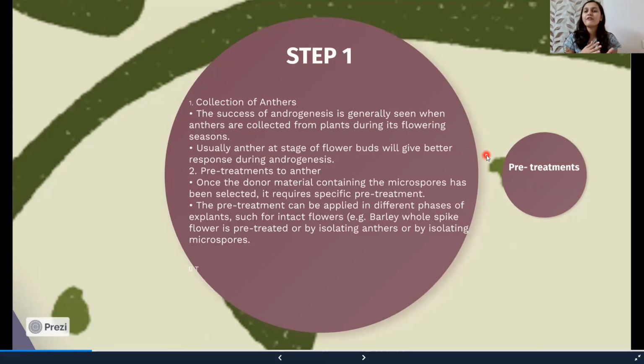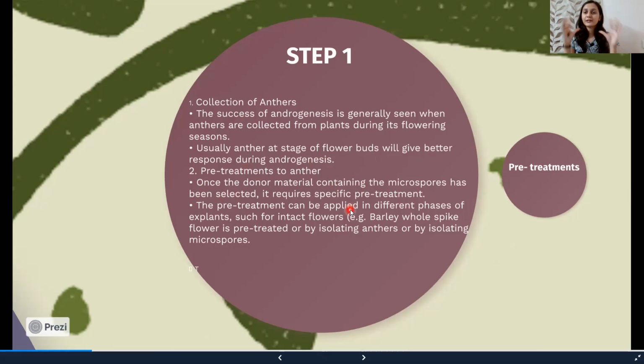Why? Because during the flowering season only, the male or the female part of a plant is reproductively active. Usually, anthers at the stage of flower buds will give a better response during androgenesis. So at the early stage, it will give a better response, right? Pre-treatments to the anther.